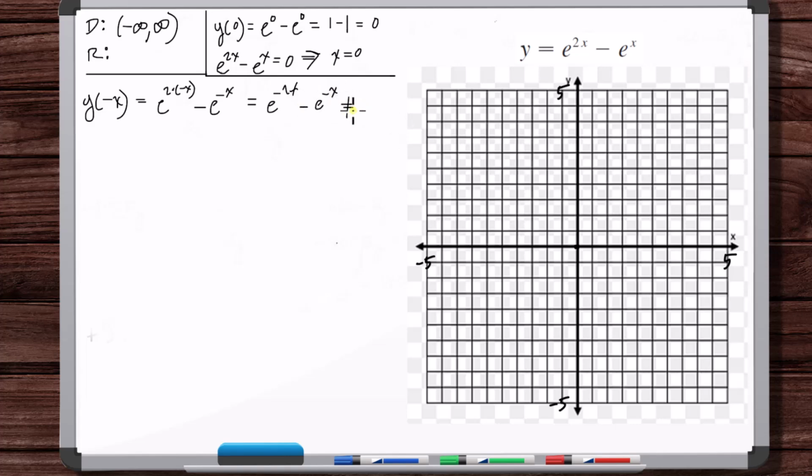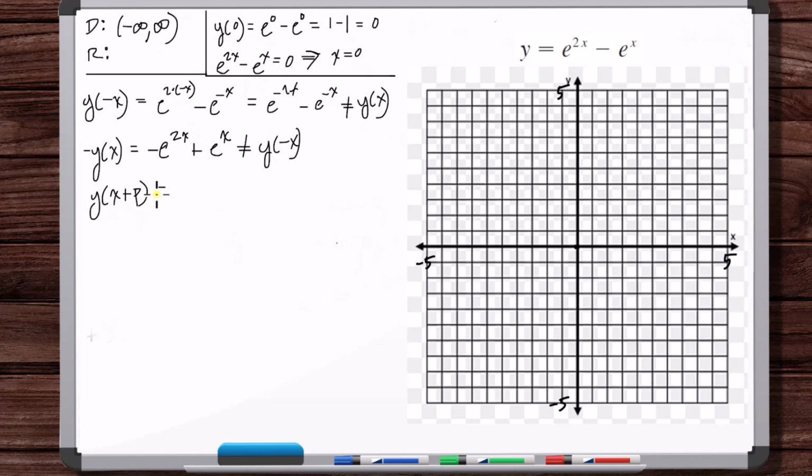This is not equal to the original function. What about an odd function, so that we would get minus e to the 2x plus e to the x? This is not equal to y of minus x either, so we don't have an even or an odd function.